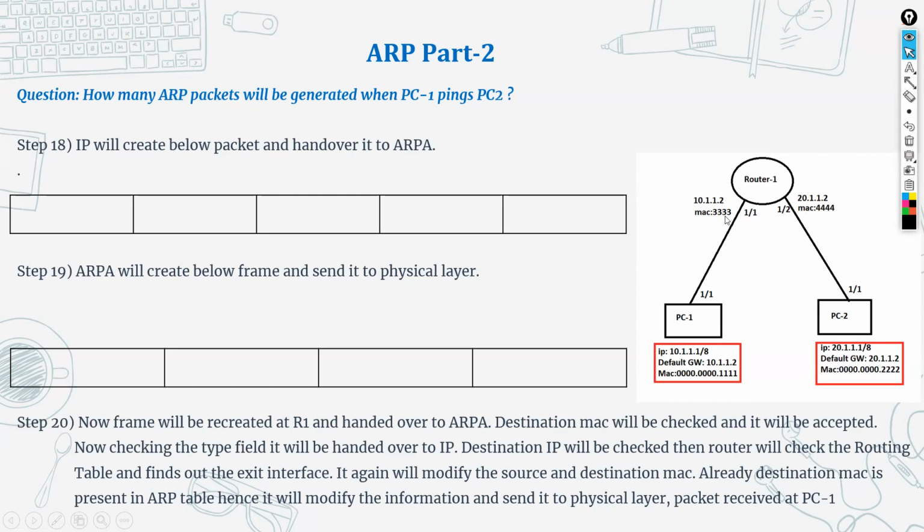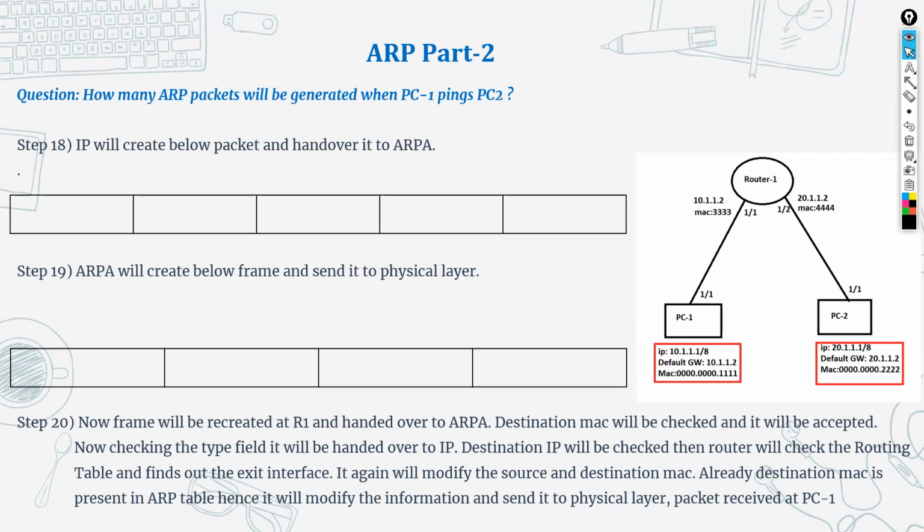Now it will put the source MAC as 3333 and destination MAC, again the AND operation will be run, and because 10.1.1 is the same subnet for this particular interface, the destination MAC is already there in the ARP table of router 1. So the destination MAC will be 1111, which is PC1 MAC.